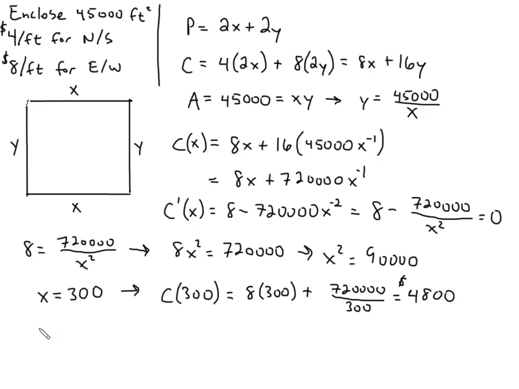And since it's concave up at a critical number, that makes it a minimum. Okay, so that's the only purpose of taking the second derivative of a function like this. We can pretty much safely assume that we're definitely going to have a minimum value here, so it's not really 100% necessary to do that second derivative check. Okay, this is definitely the answer.